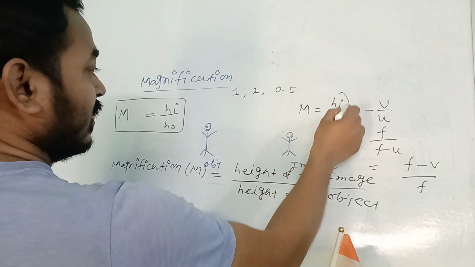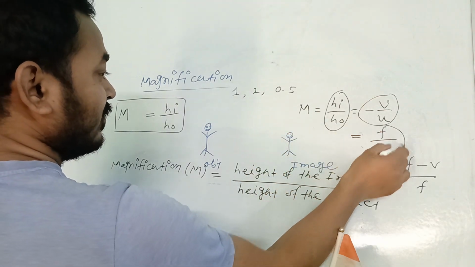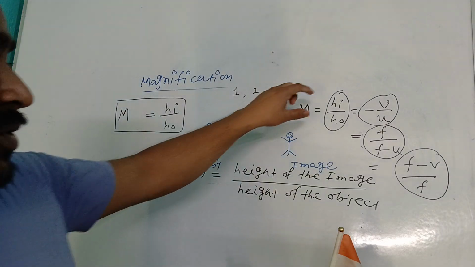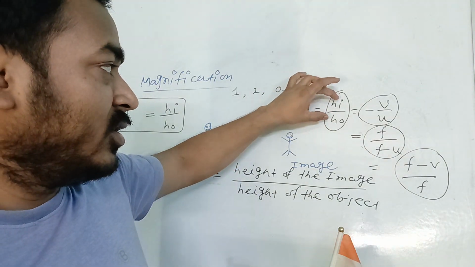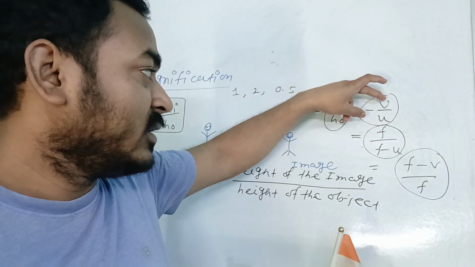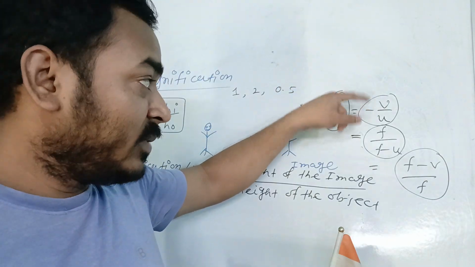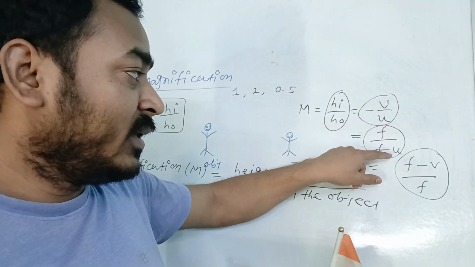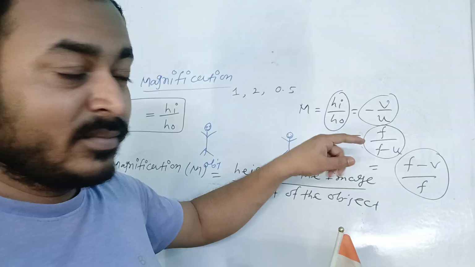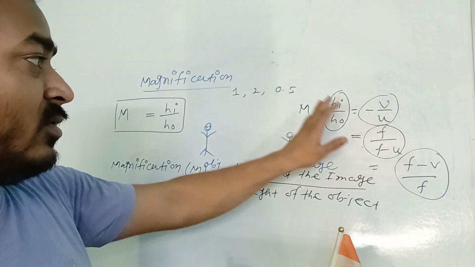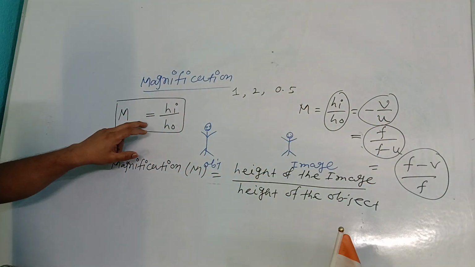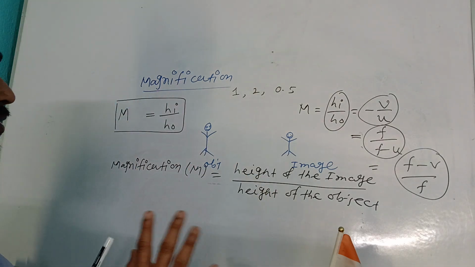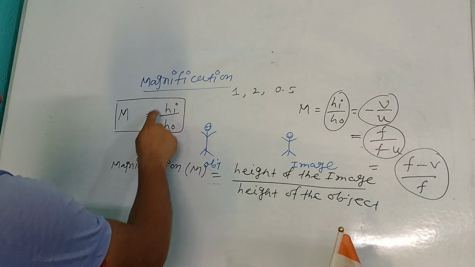So we have formula one, two, three, four: hi by ho, the height of image by height of object; minus v by u, image distance by object distance; f divided by f minus u; or f minus v by f. Right now just concentrate here. M equals hi by ho. Is it clear?